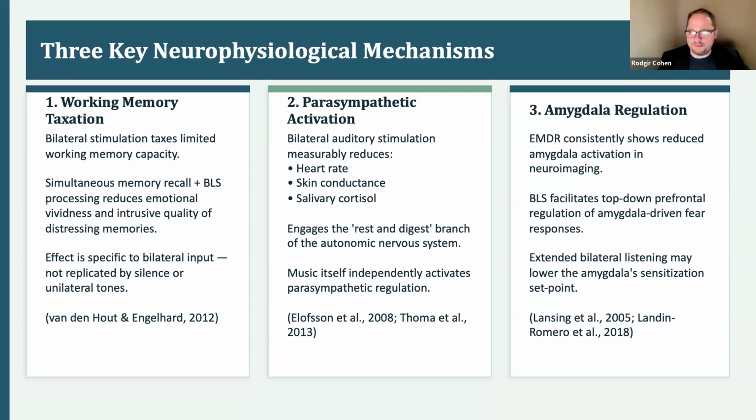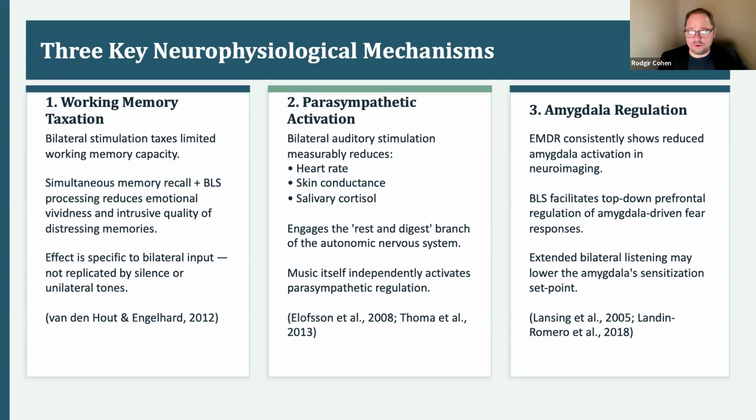This is the most studied explanation of why bilateral stimulation reduces the emotional intensity of distressing moments, and it comes from the work of Van den Hout and Engelhard, who created this model. The idea is that working memory is your brain's active workspace, where you hold and process information in the moment, and it has limited capacity.